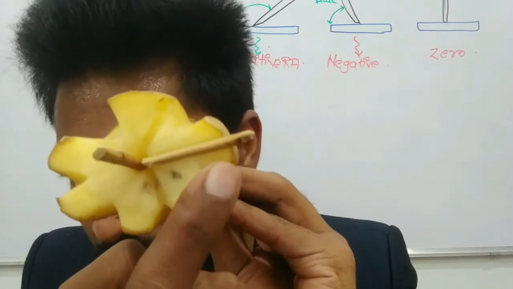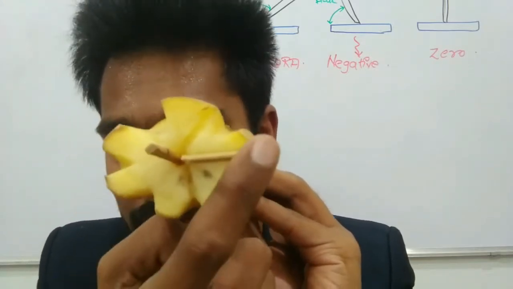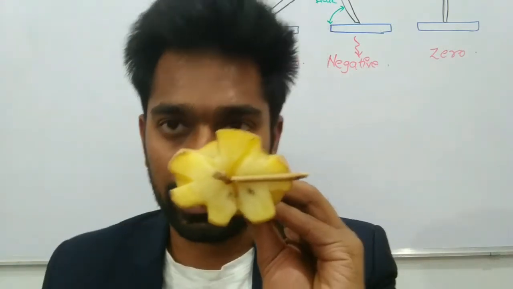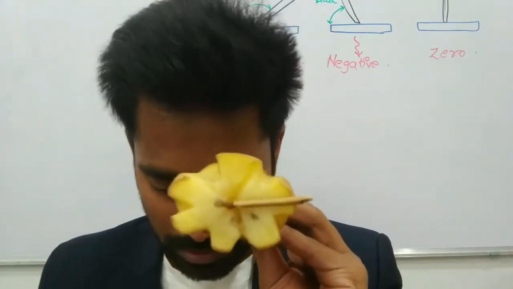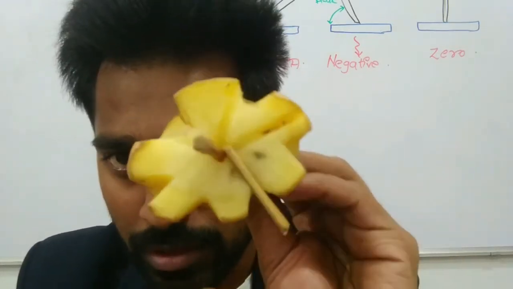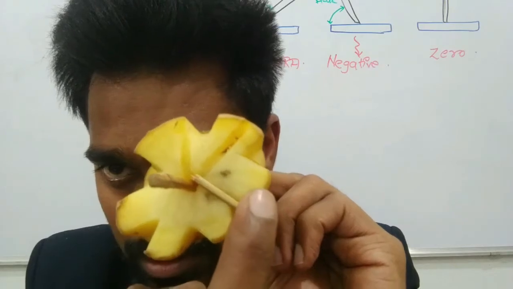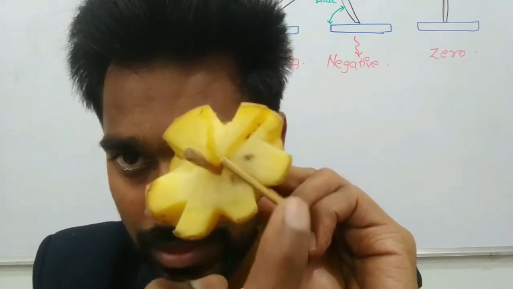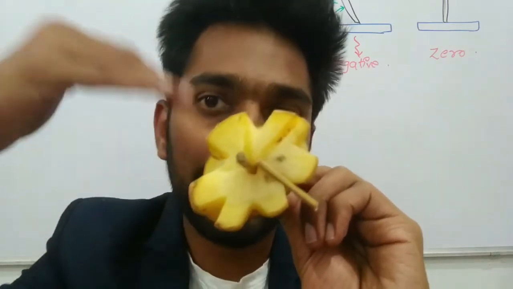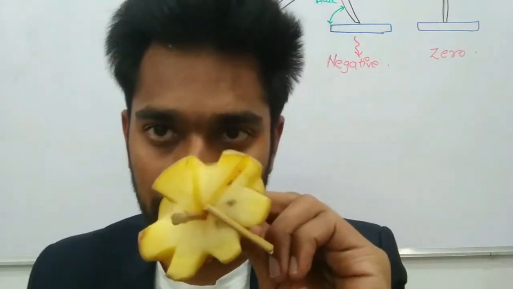So this type of angle is your negative rake angle. Now observe this picture: the rake face, which is the primary cutting surface, is behind the radius of the file. So this is called a positive rake angle.